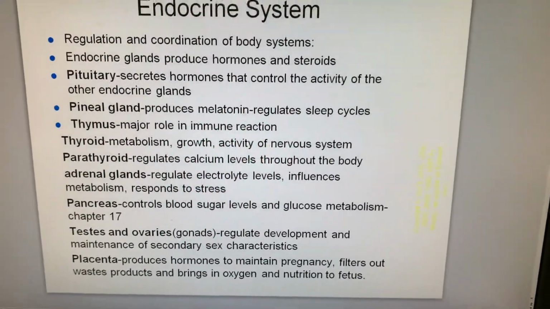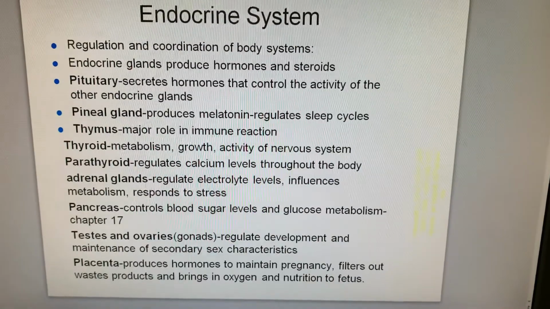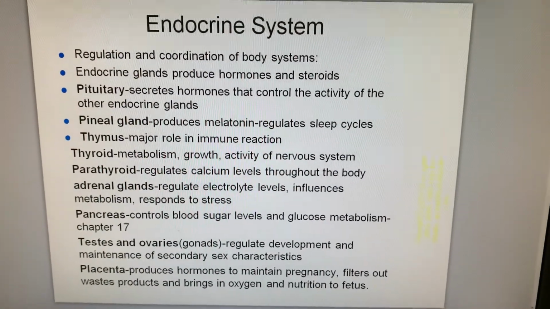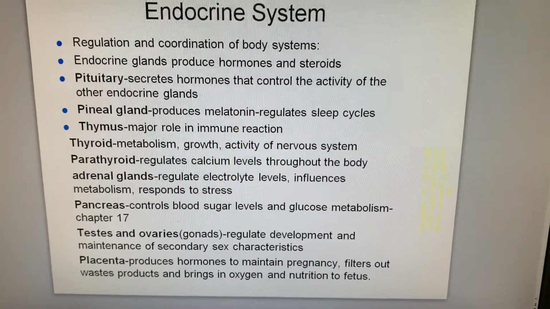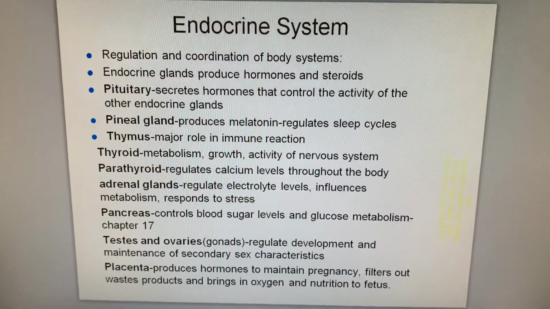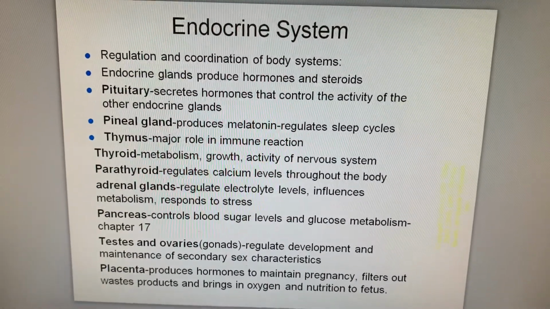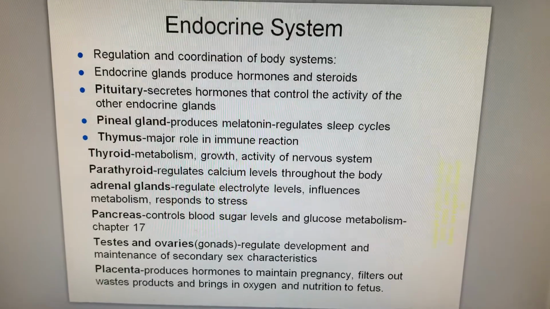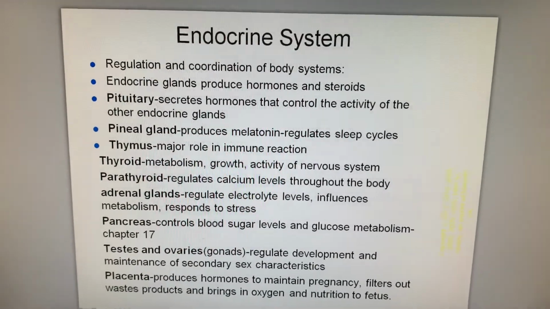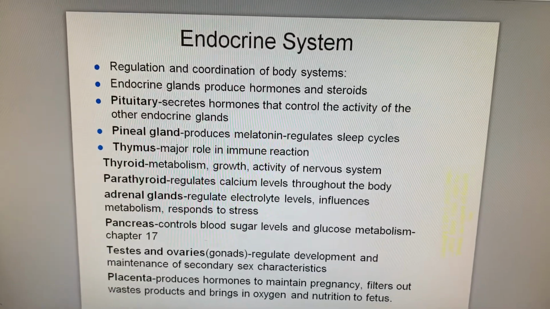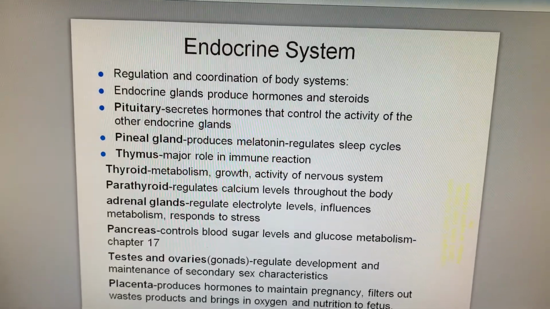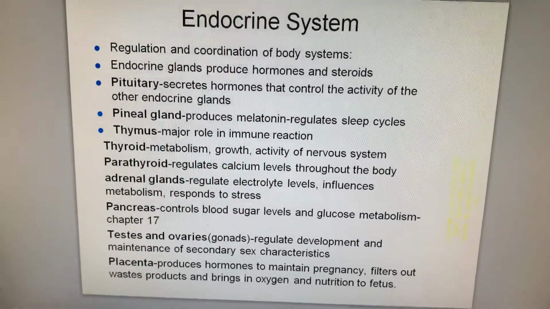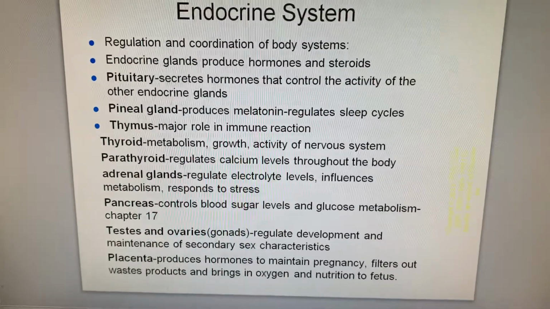And we'll talk about the pancreas in chapter 17. Then we have our testes and ovaries, known as the gonads, and they are in place at birth and begin to regulate secondary sex characteristics and begin to become more functional as we get older and reach childbearing age.